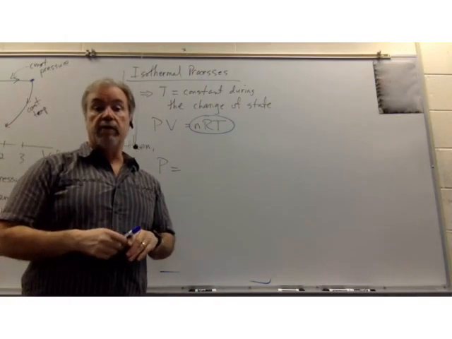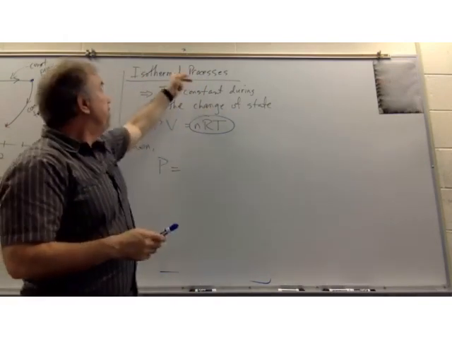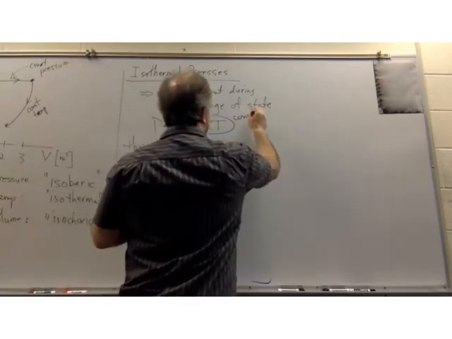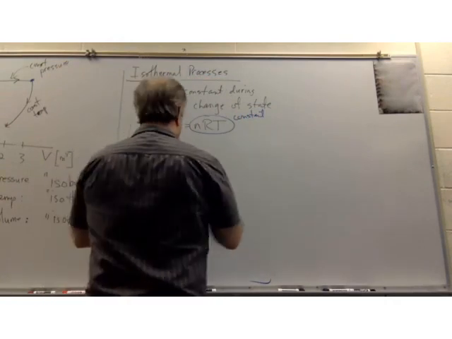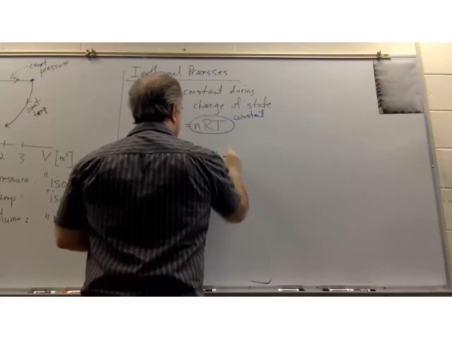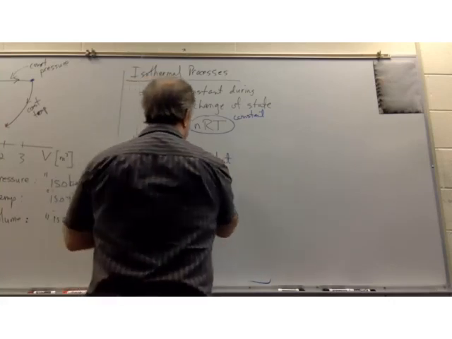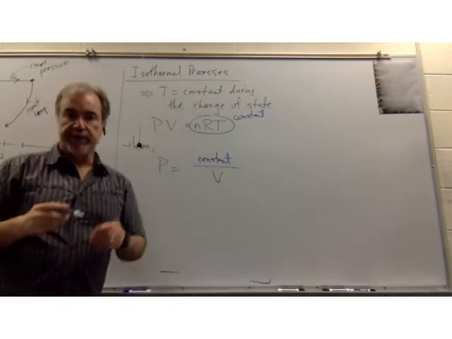We made that assumption a while ago. R, of course, is a constant by definition, and we are assuming here that T is in fact constant. So this whole thing in blue is a constant, okay? And so P, the changing pressure, is related to the changing volume as a reciprocal relationship.